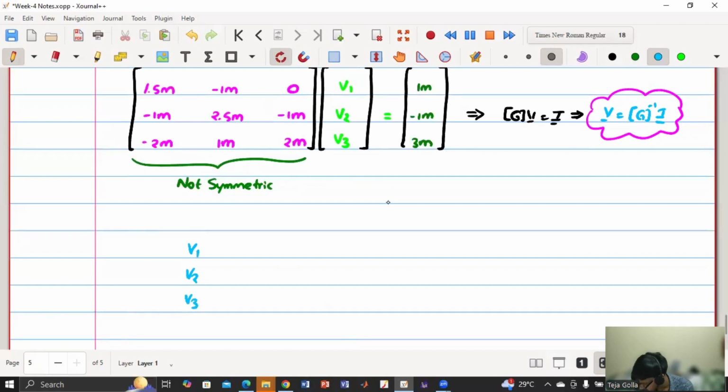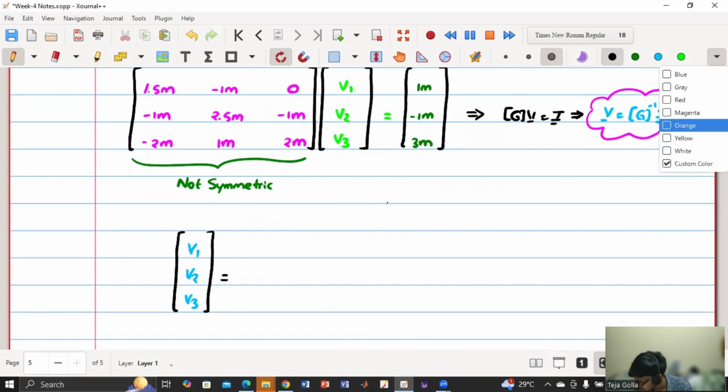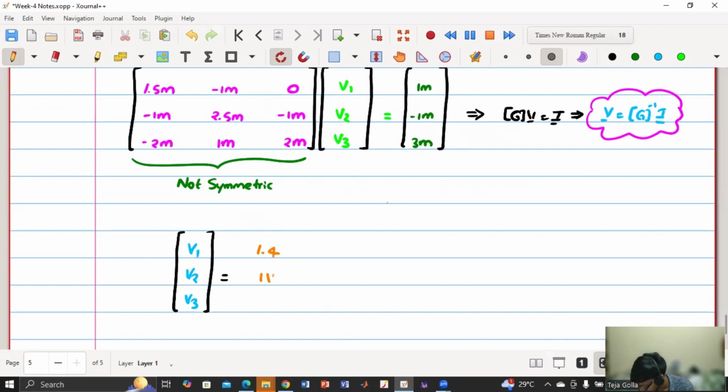Now let us not waste the time because we can discuss more problems by skipping this calculation, which you can do later as well. We'll get 1.4 volt, 1 volt, and 2.35 volt. So this is the voltage that you are going to get.